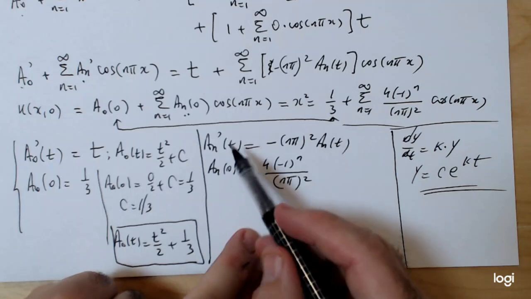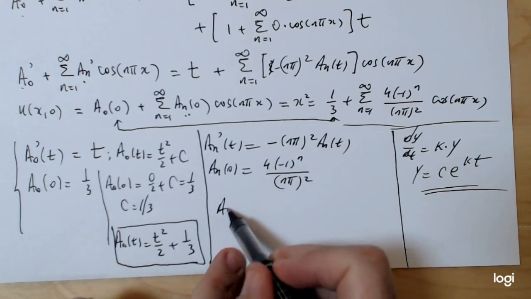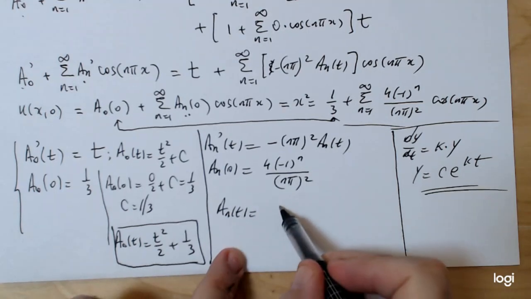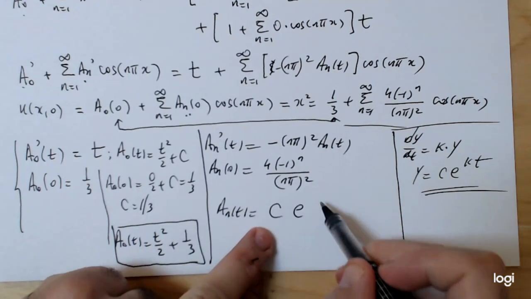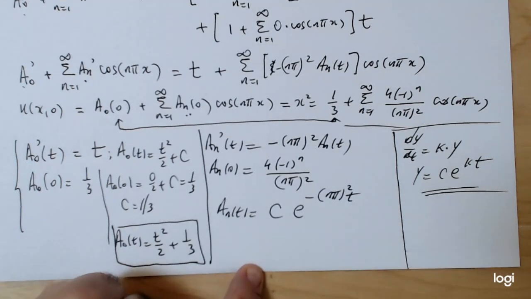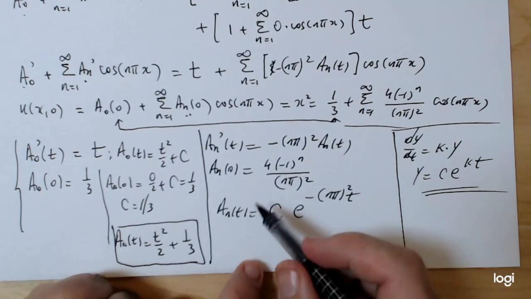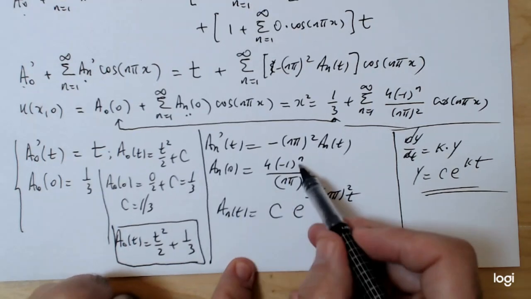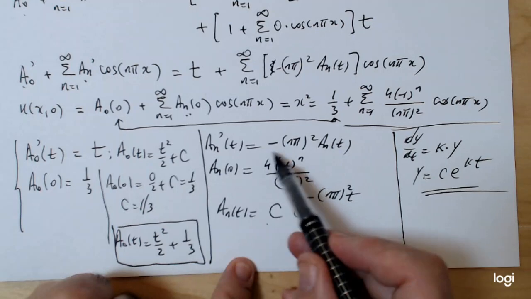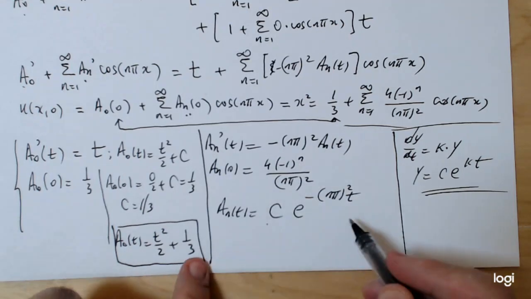Here, as I said before, a_n(t) is an exponential, so that's going to be some constant c times e to the minus n pi squared t. And because a_n(0) equals this, when I plug in 0 for t, c is going to be just this initial condition.